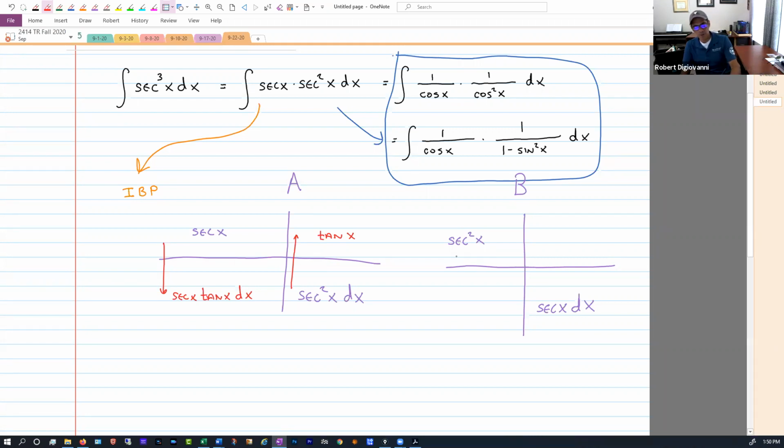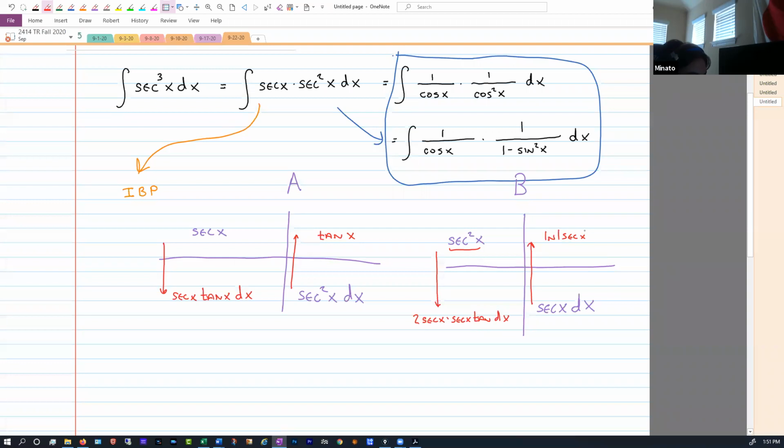Where over here, if we do it this way, think about what this would be. We have to take the derivative of secant squared. That's chain rule. So the 2 comes out first, the power comes out. Then I take the derivative of secant x, which is secant x tangent x dx. And then I have to take the antiderivative of secant, which took us like 15 minutes to do anyway. It was like natural log of secant x plus tangent x.